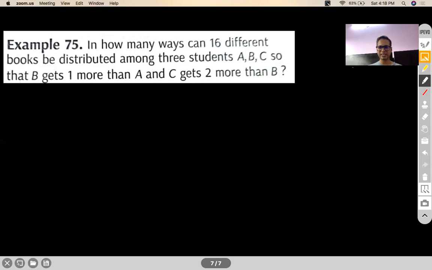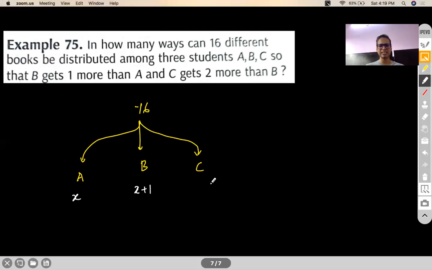Let's see who gets this right. So 16 books, A, B, and C. Okay. So let's say x books are given to A, then B should get 1 more than A, and C must get 2 more than B.